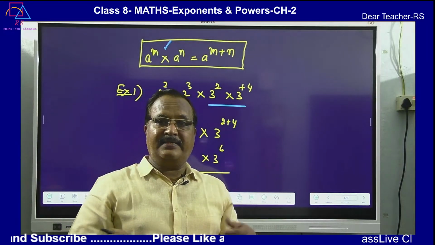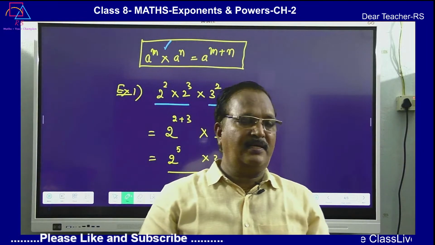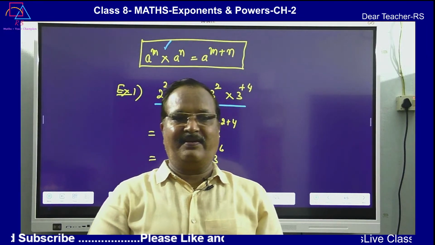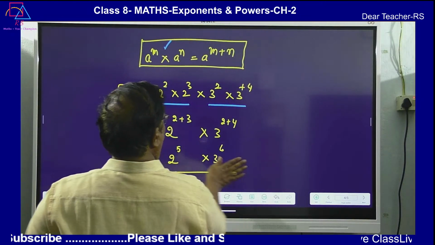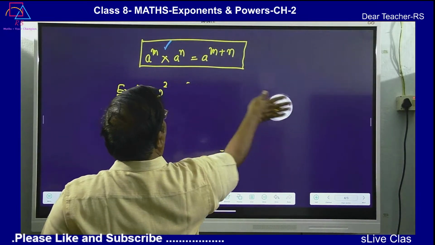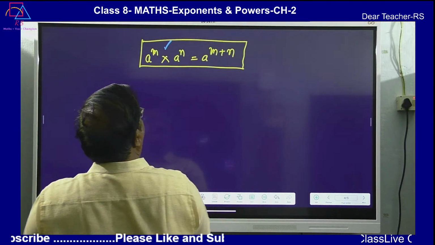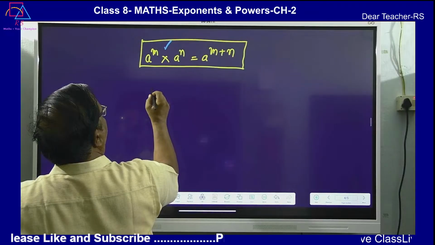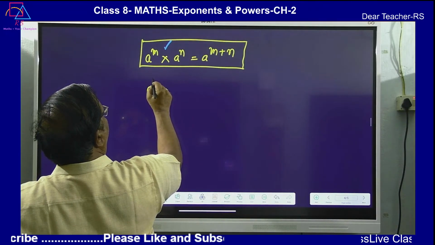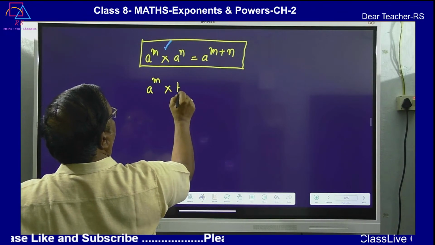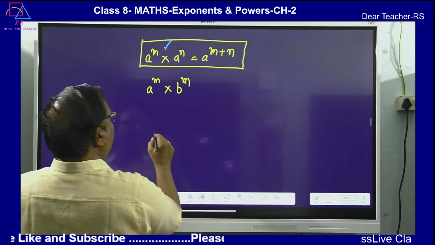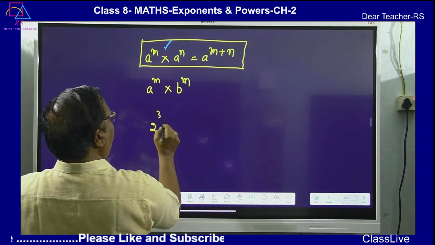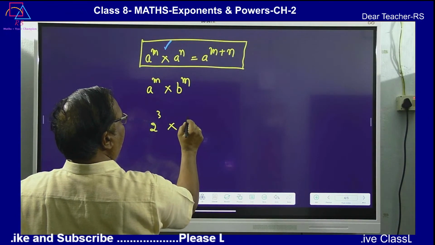So when bases are equal, you can add the powers. Okay, so then let me go to another formula. What happens if powers are equal? That means powers are equal: a to the power of m into b to the power of m. Say 2 to the power of 3 into 3 to the power of 3.